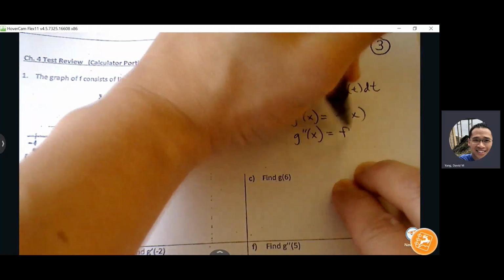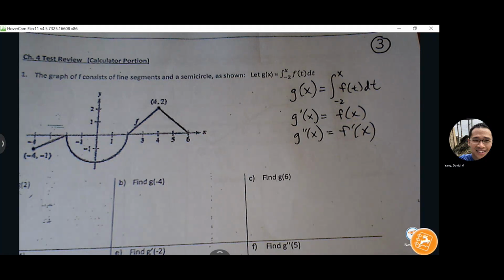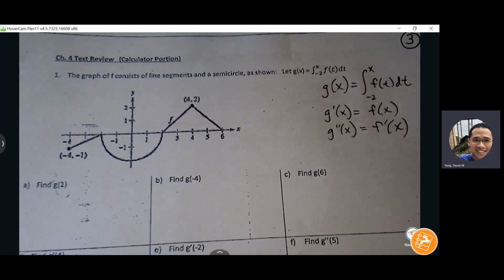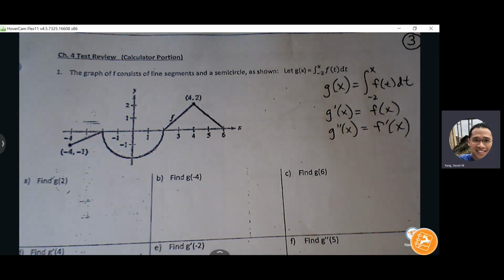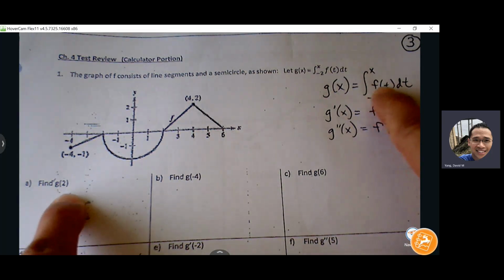F prime. Okay, so you can just always establish that relationship, especially if they give you that F and G relationship to begin with. All right, so number one, part A, find G of 2. So G of 2, we look at our relationship and we just insert the X wherever they tell us to put it.